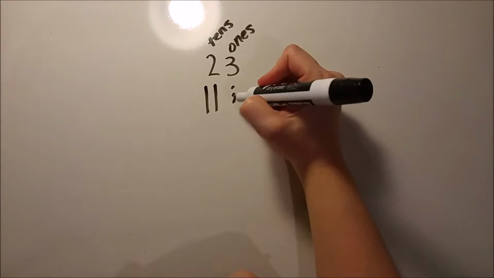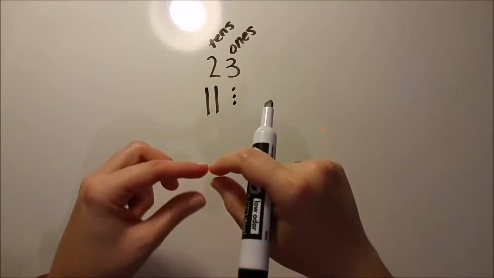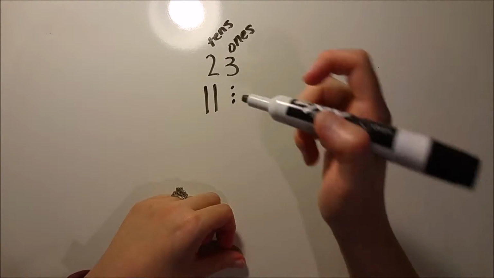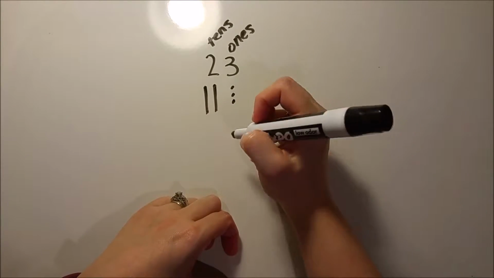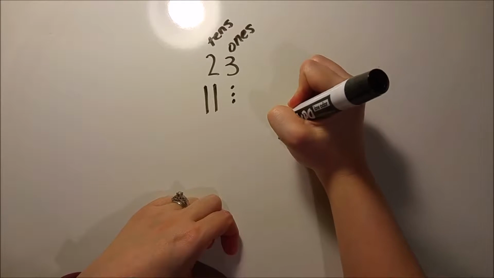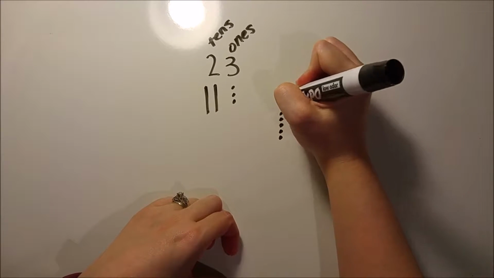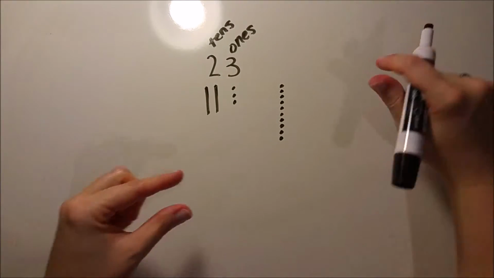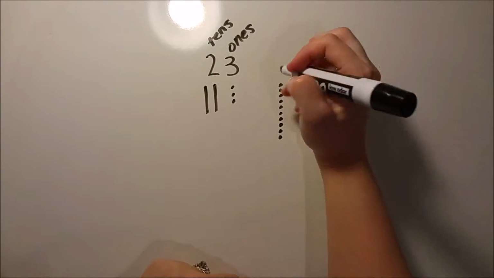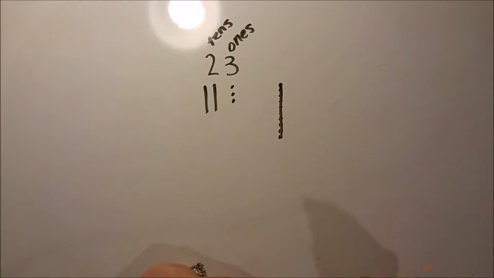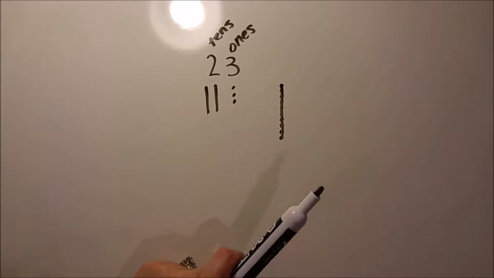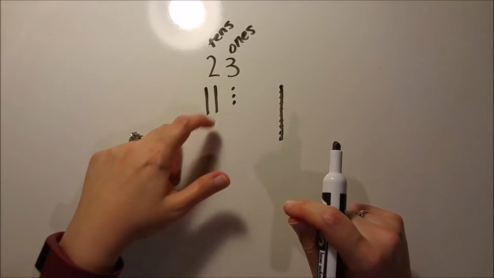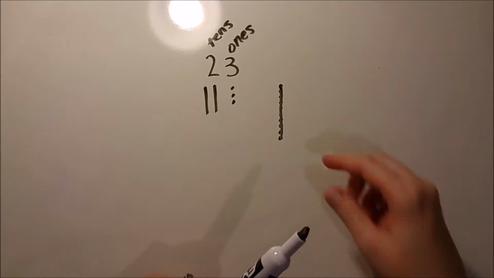So if you think of these little dots as being like the little square Lego pieces that just have one connector, if you strung 10 of those together, 4, 5, 6, 7, 8, 9, 10, if you took those pieces and snapped them all together, they would make a long stick. Okay, so that's why we use dots or little squares for ones and then those long sticks for our tens.